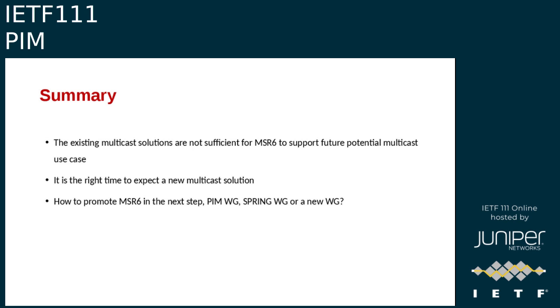And as discussed with Greg, because this work is related to Spring, BIER, and IPv6, it has multiple involved parties. So here we are thinking about this being done in the PIM working group, the Spring working group, or a new working group. This depends on the coordination of the different working groups.